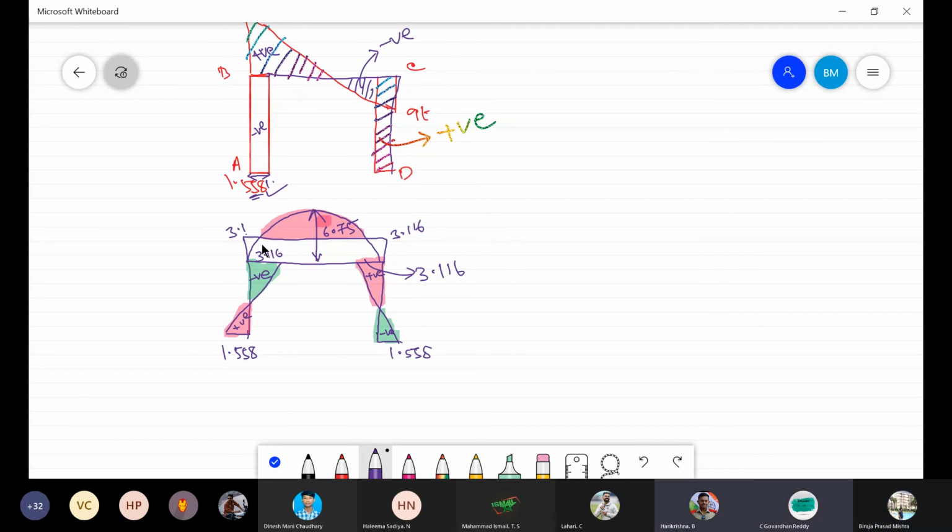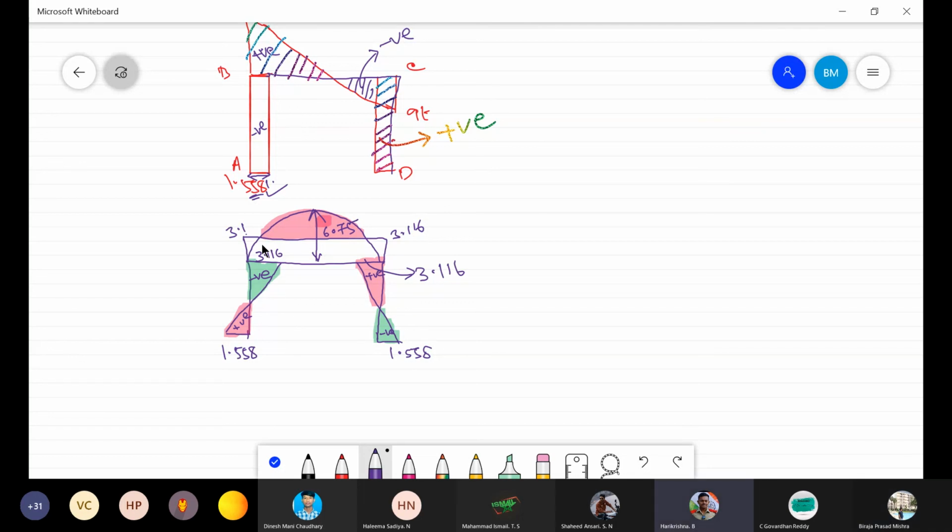Maximum bending moment for UDL, WL square by 8. You compute that, how much is it coming? 6.75. Okay, sir.